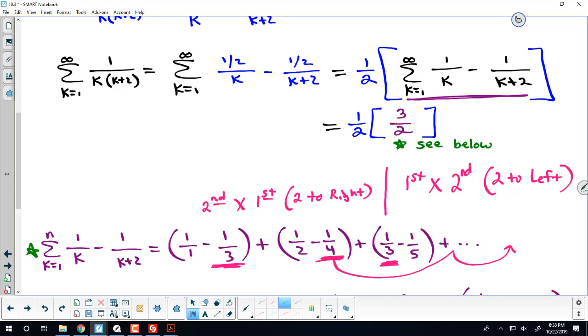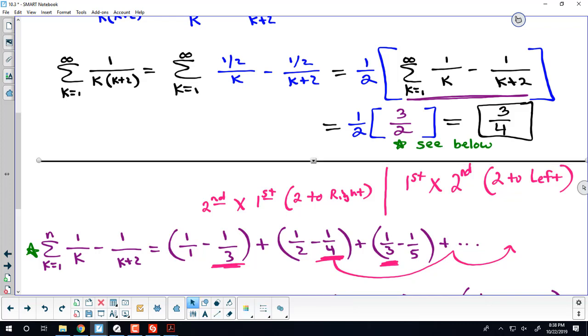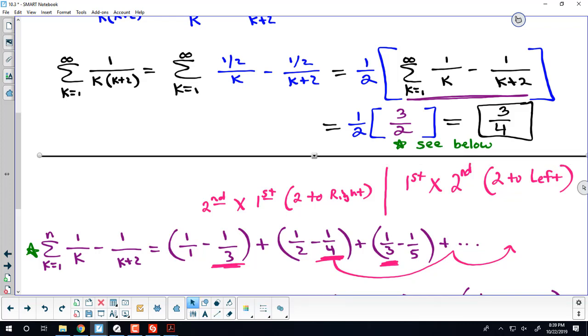There. So then the sum of that series is 3/4. This is kind of like our side work here. Does that make sense? Any questions on what we're doing? Why we're doing what we're doing?